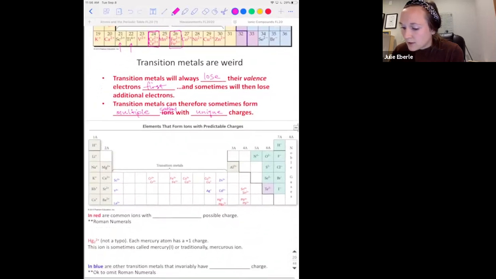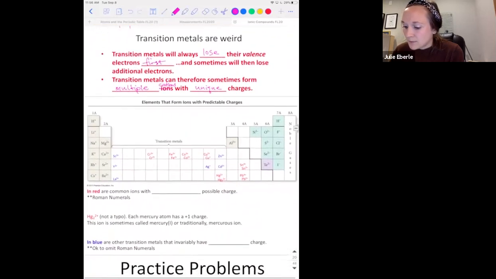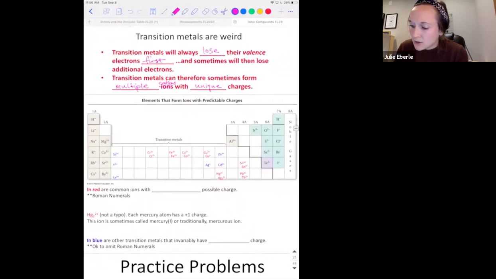Let's look at a further example of this. We have another periodic table here. I want to look at the transition metals in red. Again, your chromium, your iron, Co, this is cobalt, Cu, this is copper. These are common ions with more than one possible charge.